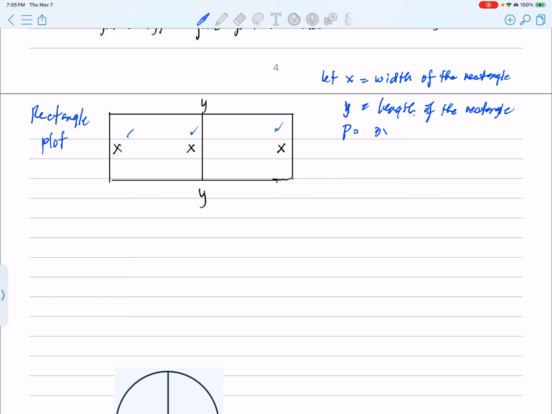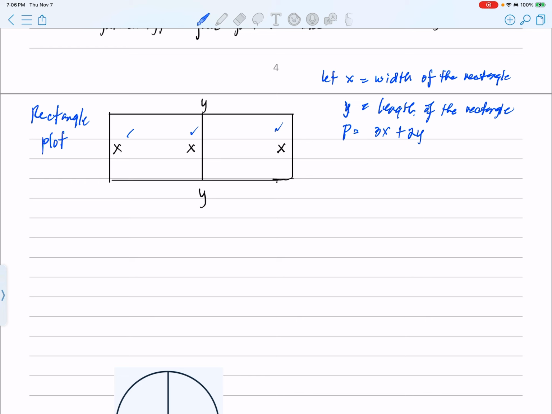And we have the length of the fence, which is 300, and we could use that to equate the perimeter: 3x plus 2y equals 300.